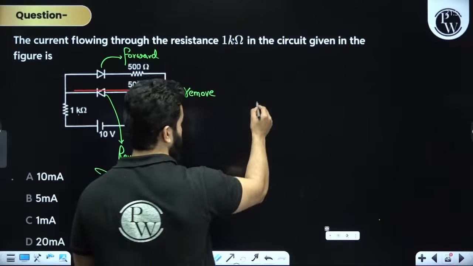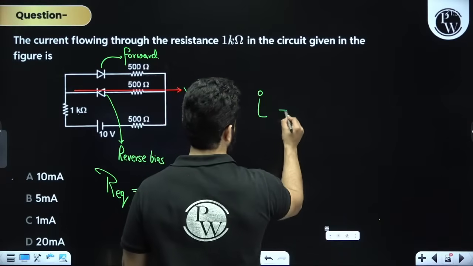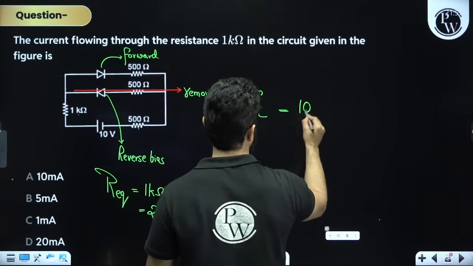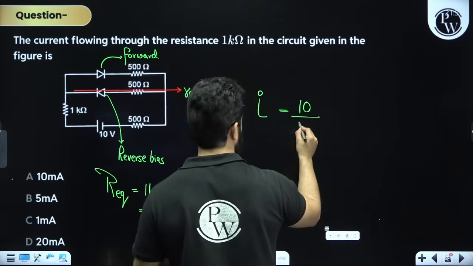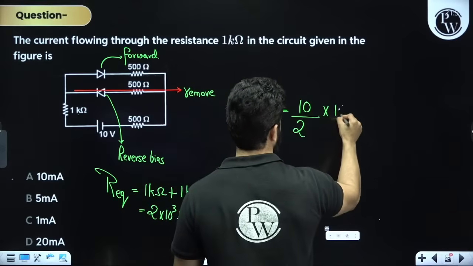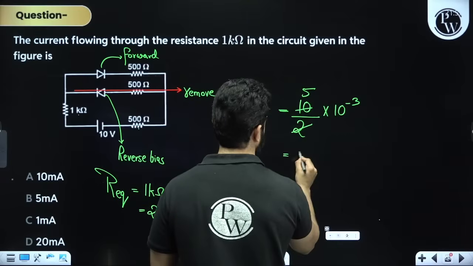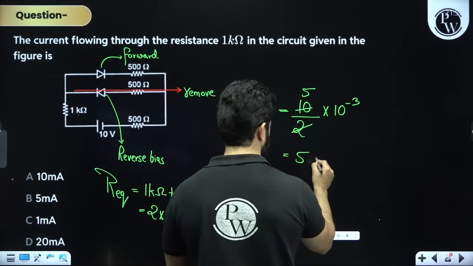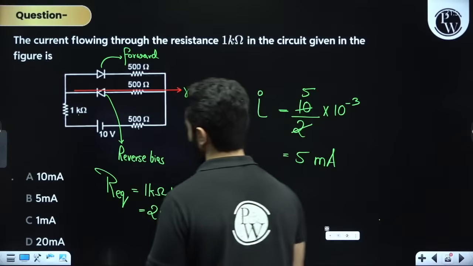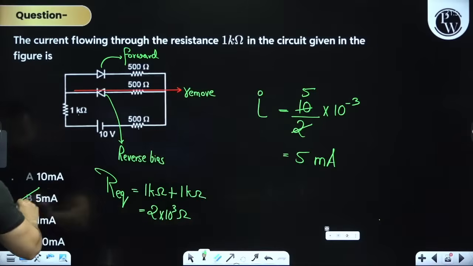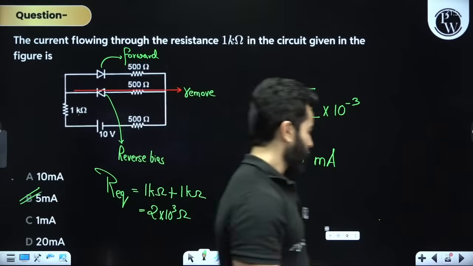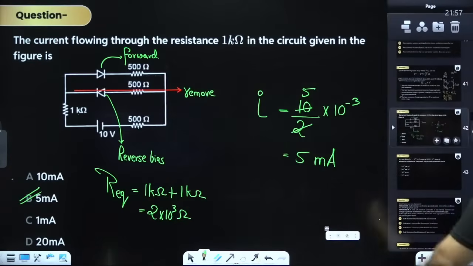So current will be voltage divided by resistance, which is 5 milliampere, since 10 to the power minus 3 is milli. B option is the correct one.